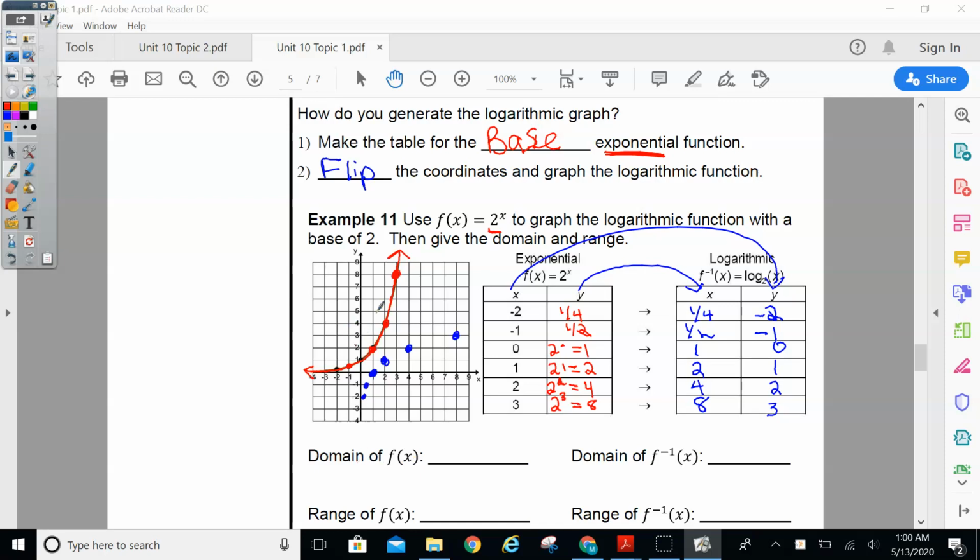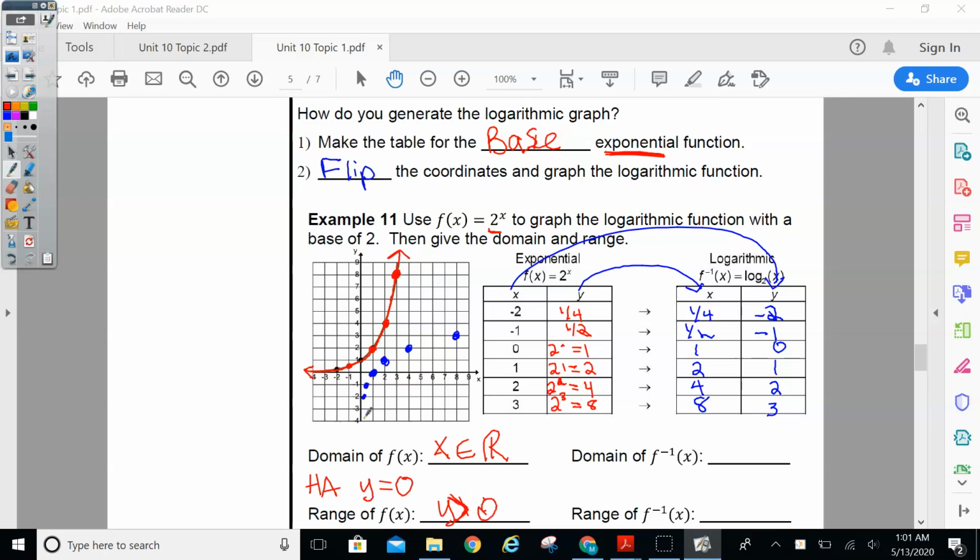So for the red one, the domain, again, left forever, right forever, is all real numbers. I'm going to go ahead and put the horizontal asymptote is y equals 0. And the range was y is greater than 0.